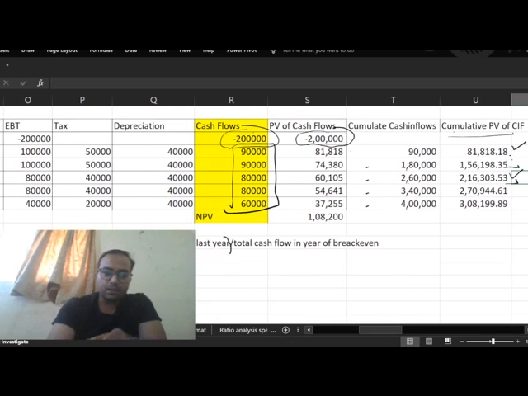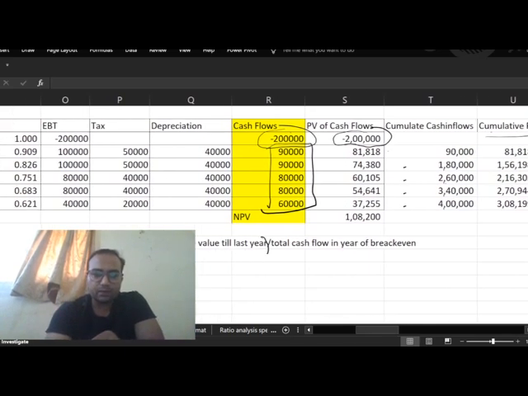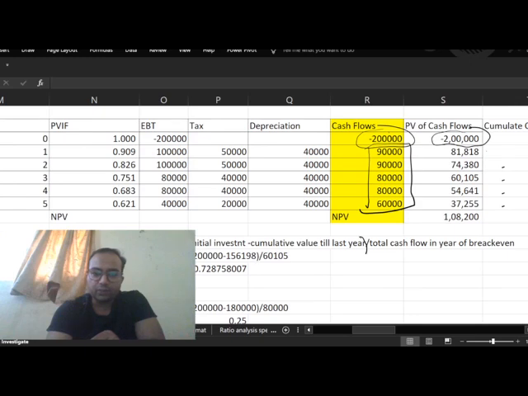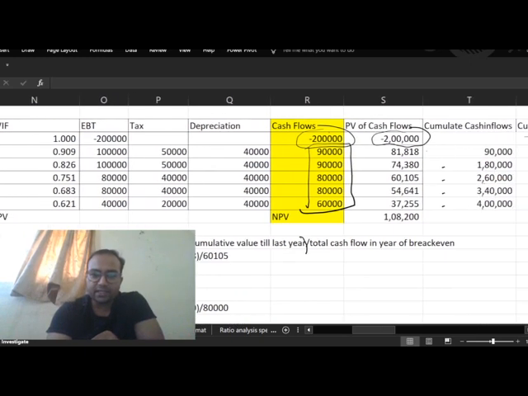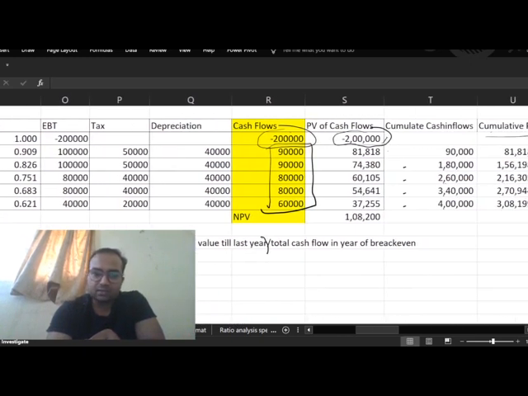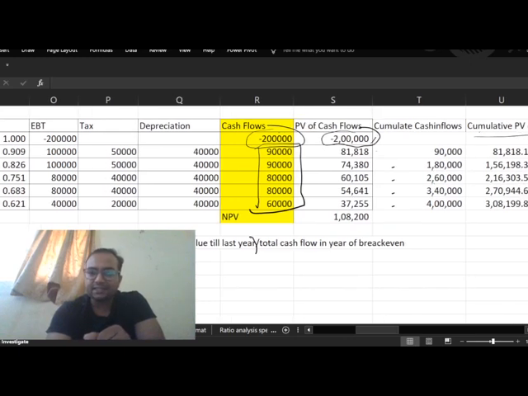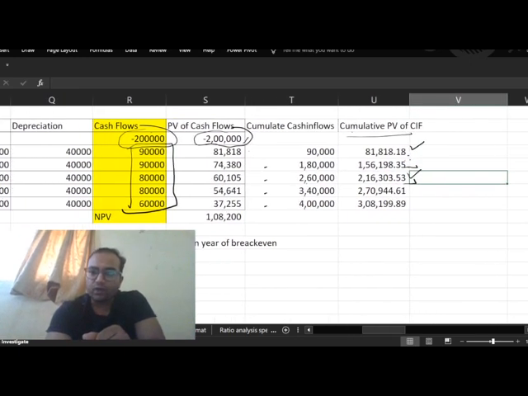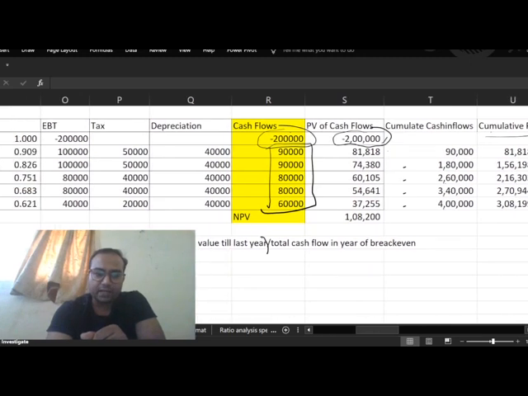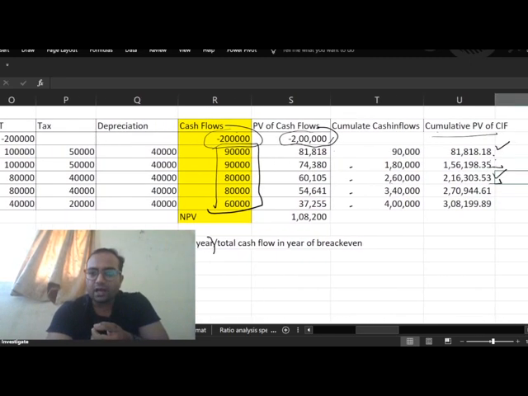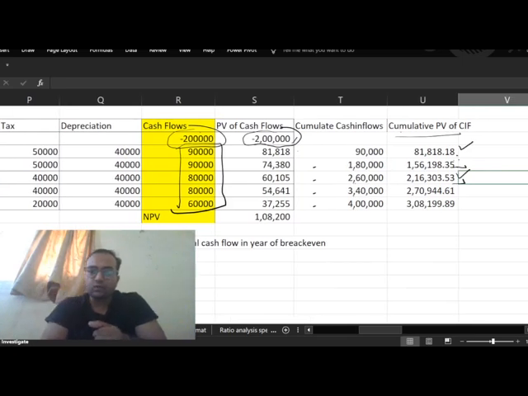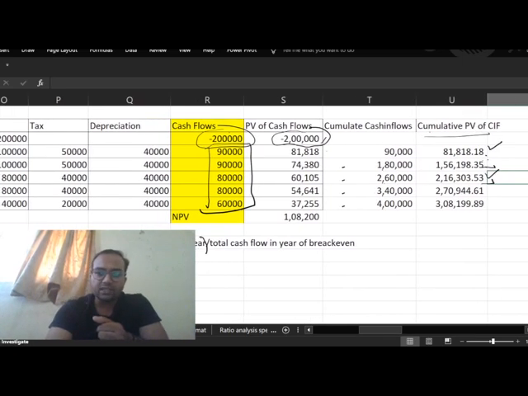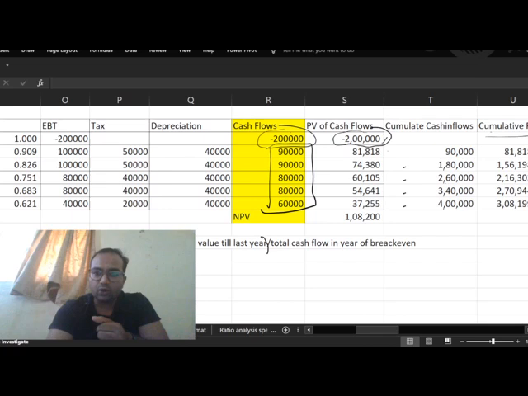So putting values in this formula, our discounted payback period is equal to 2 years plus initial investment, which is 2 lakhs, minus cumulative cash inflows till last year, that is second year, which is 1.56 lakh. Right, 2 lakh minus 1.56 lakh, bracket complete, divided by our discounted cash inflow in the year of break even, that is third year, which is 60,105. All right.